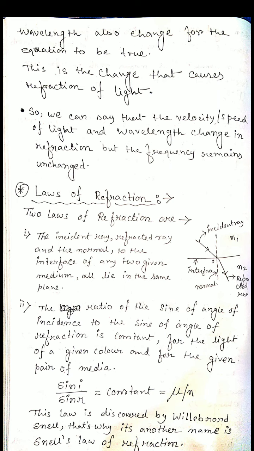So what is Snell's law? Snell's law tells us the ratio of the sine of the angle of incidence, sine meaning S-I-N-E, like sine and cosine you studied in trigonometry, to the sine of the angle of refraction is constant for light of a given color and for the given pair of media.